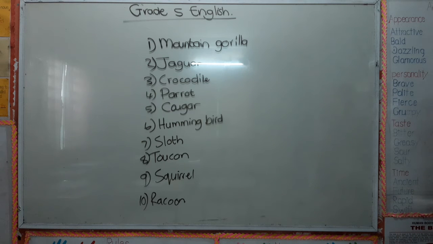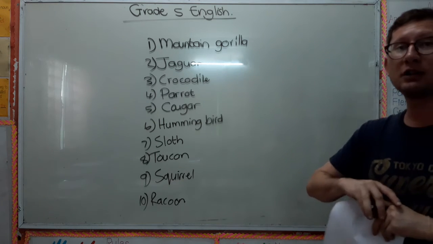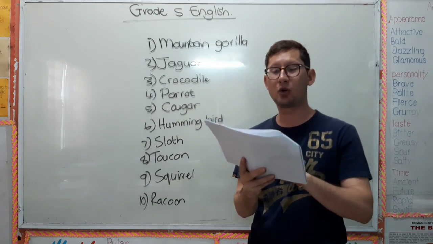A mountain gorilla, a jaguar, crocodile, parrot, cougar, hummingbird, sloth, toucan, squirrel, and raccoon. Okay, a raccoon. Those are the 10 vocabulary words. You will need to know what the animals look like. Okay, that would be for section 1.